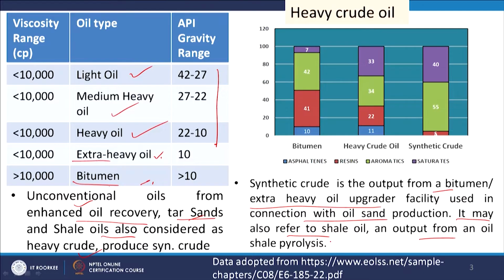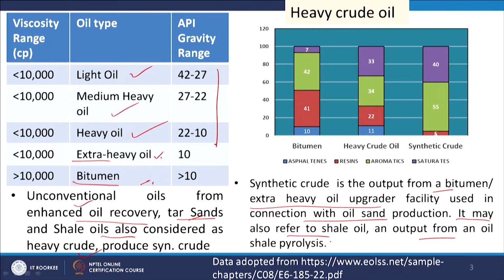So, oil shale is nothing but a sedimentary rock which contains oil or crude-like material. So, that crude is produced from the shale oil through pyrolysis and that is synthetic crude. Similarly, synthetic crude can also be produced from bitumen or say tar sand. So, that is called an extra heavy oil upgrader facility, they are producing this one.